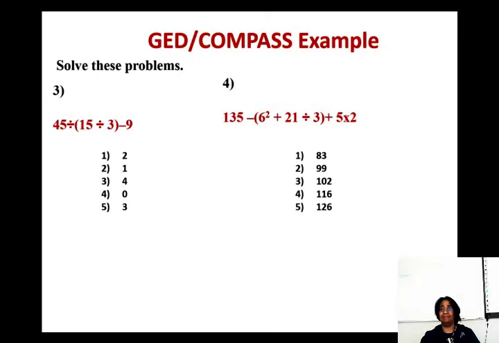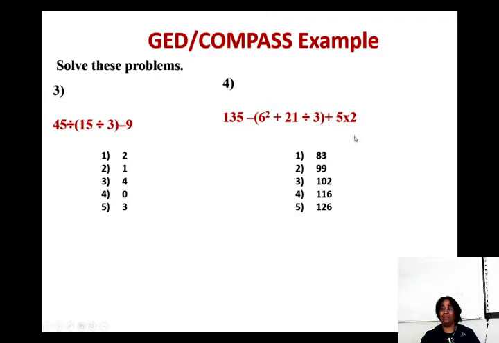What did you get for 21 divided by 3? 7. So 36 plus 7, how much is that? 43. And then you need to go to 5 times 2 is 10. Yep. So you're going to get 135 minus 43 plus 10.